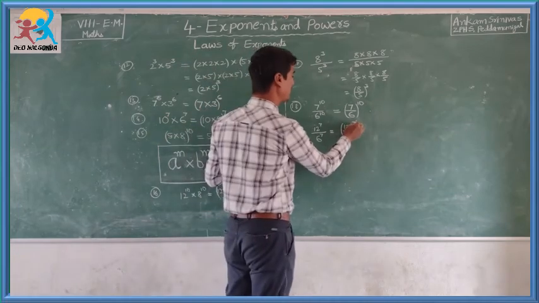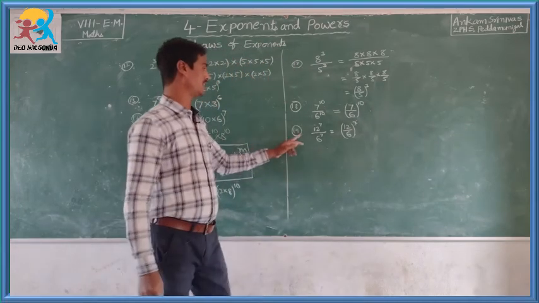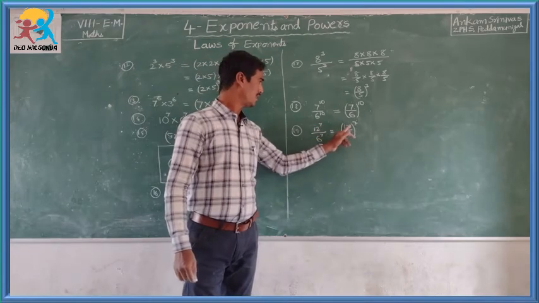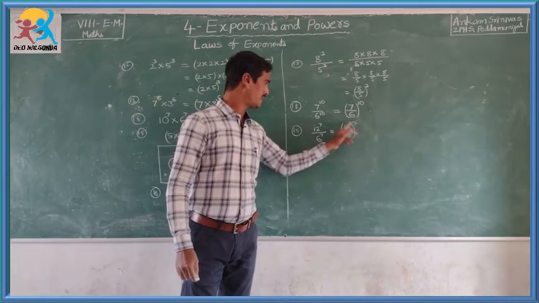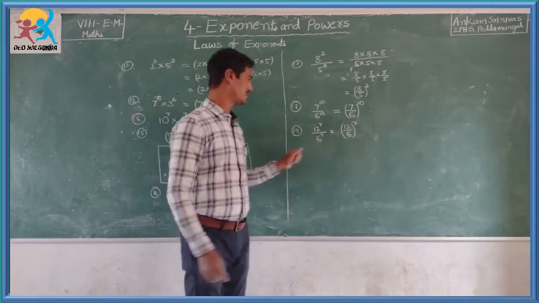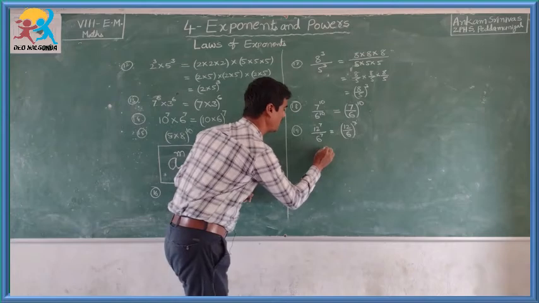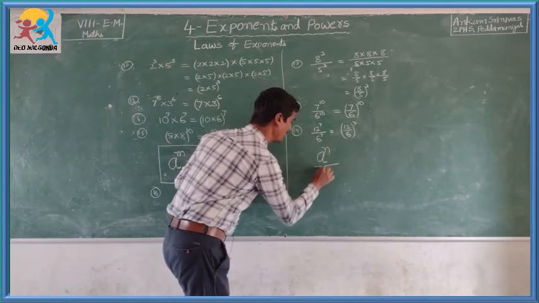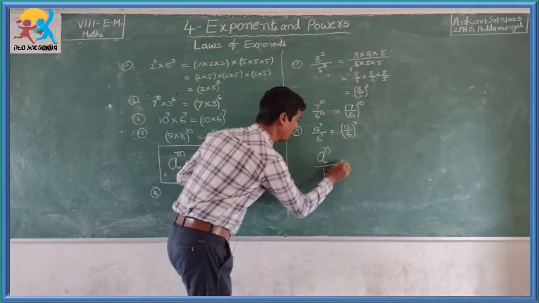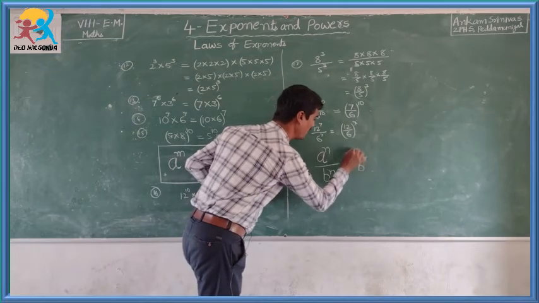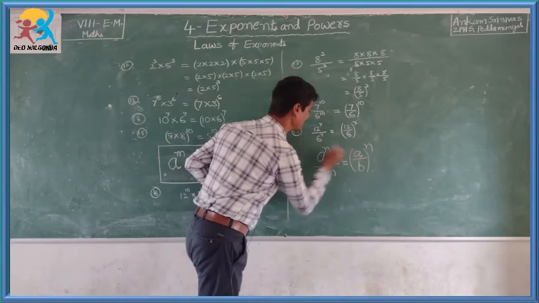So to simplify easily, if exponents are equal, write the whole power as the given equal exponent. So we can generalize this formula as a power n by b power n is equal to a by b whole power n.